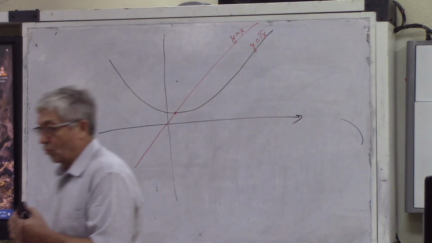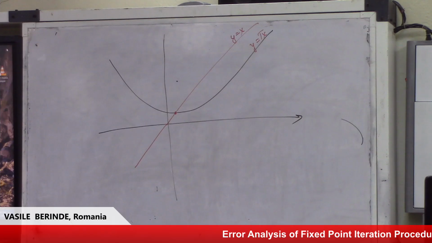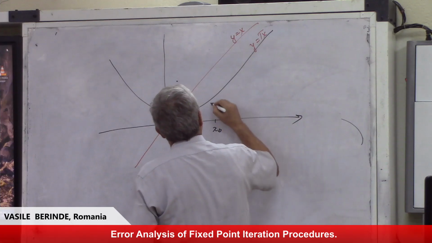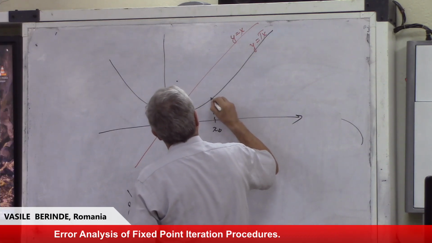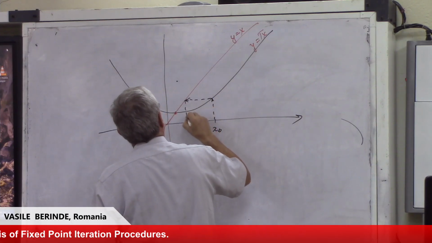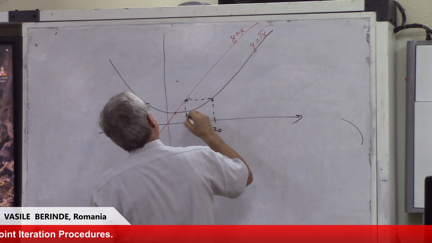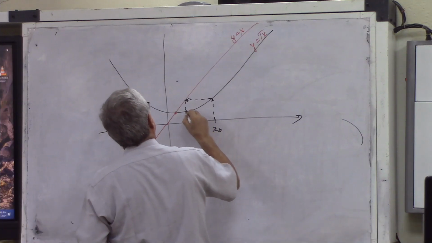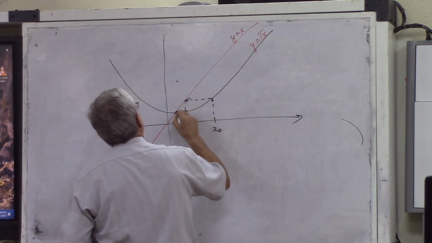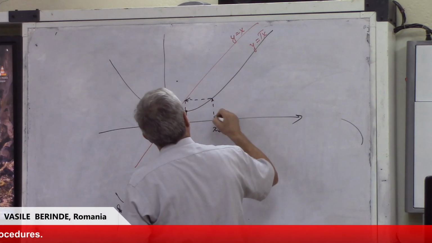We start from here. Let's say here is x0. So we go, this will be x1, that will be x2, this will be x3, and so on.